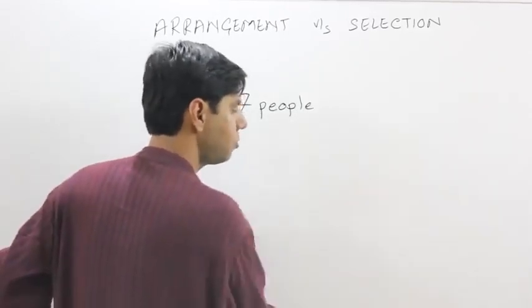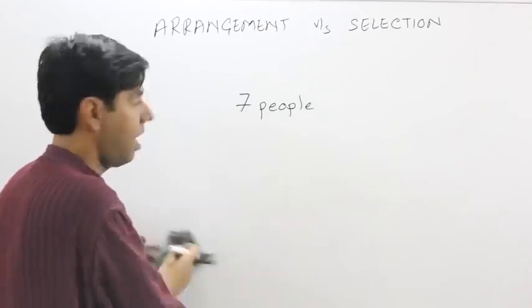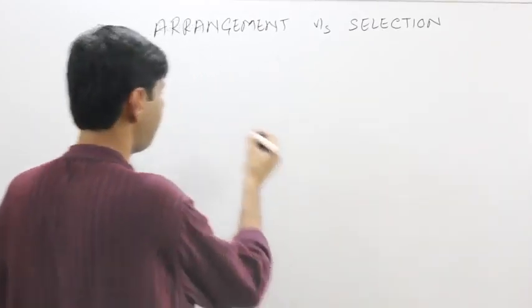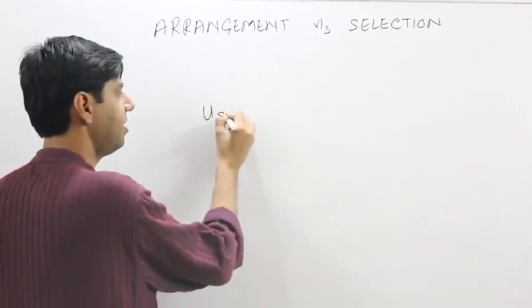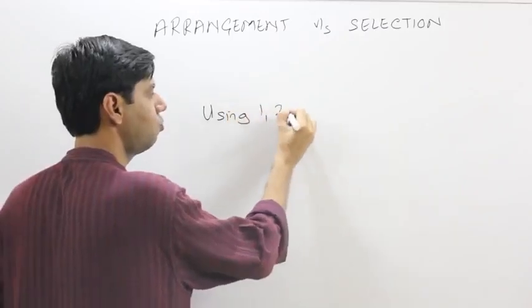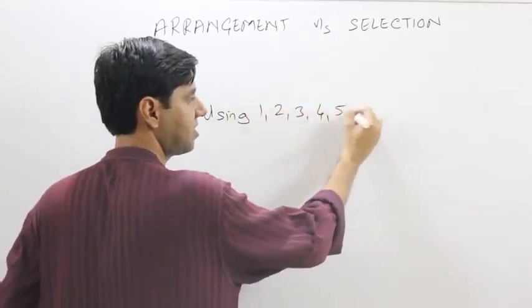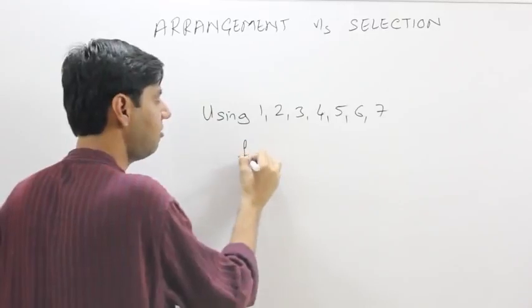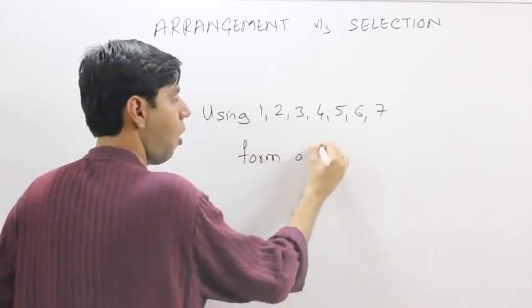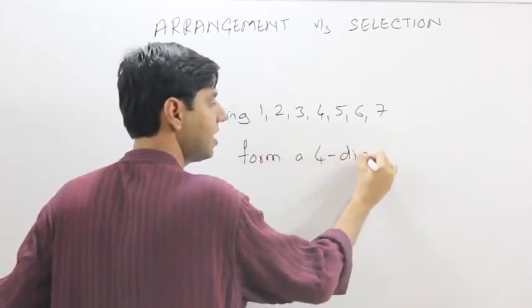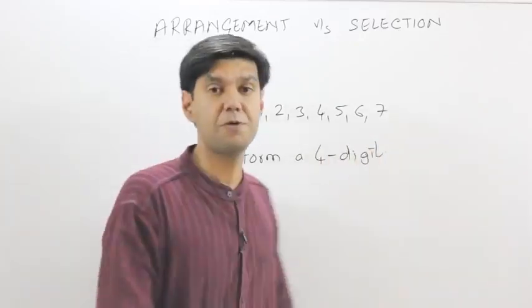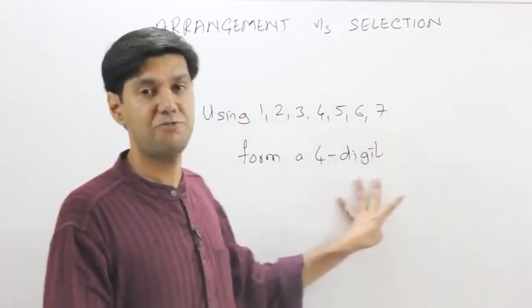Later in the video we'll also see the link between the two. For example, in the first question we started with, we said using 1, 2, 3, 4, 5, 6 and 7 form a 4-digit number. Almost all of you have solved this as an arrangement question. Most of you, from your prior knowledge, know that this is a question of arrangement.